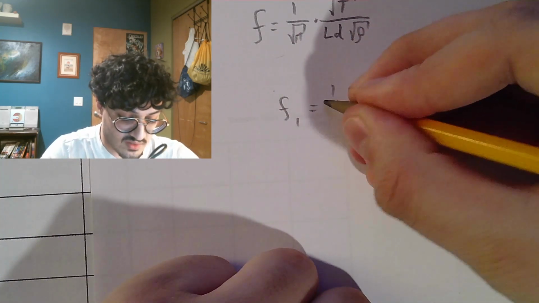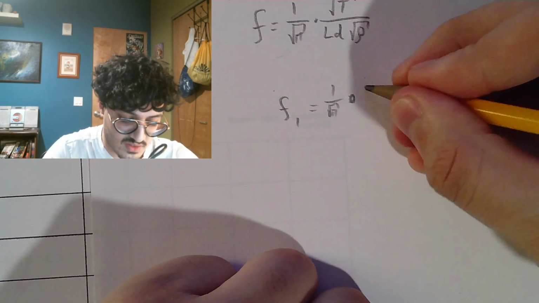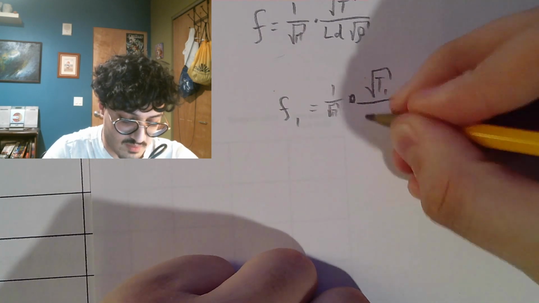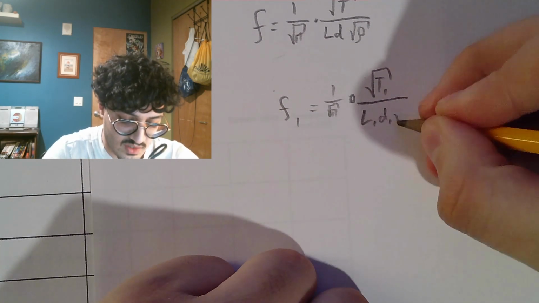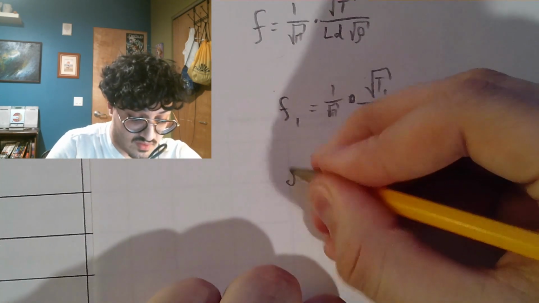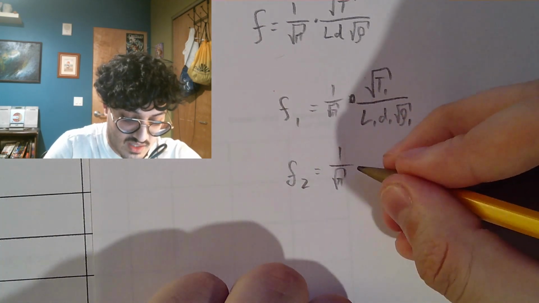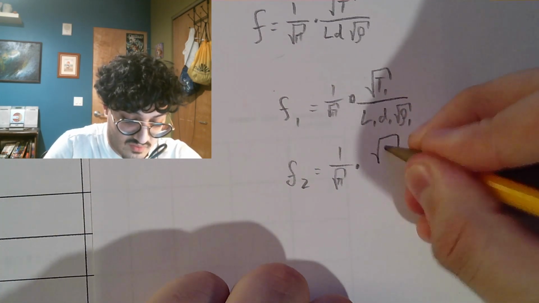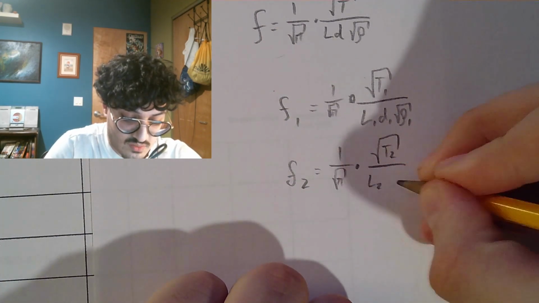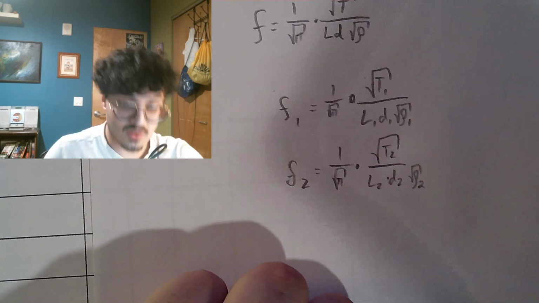We have frequency 1 is equal to this, times the square root of t1 divided by L1 d1 root rho 1, like this. And then we have frequency 2 is equal to 1 over the square root of pi times the square root of t2 divided by L2 d2 rho 2.